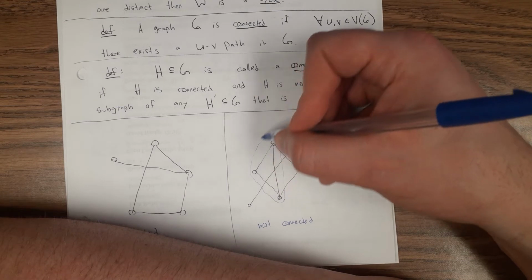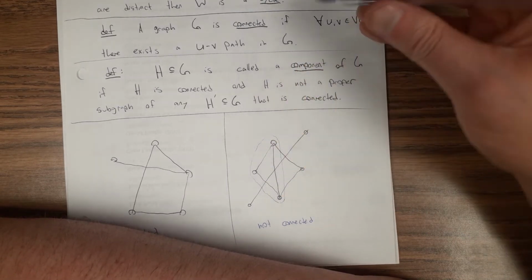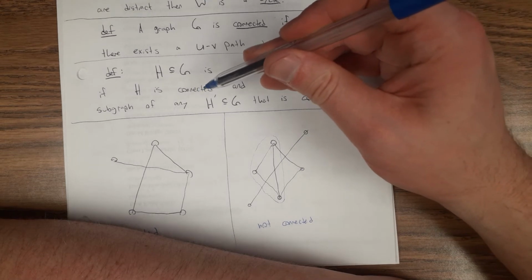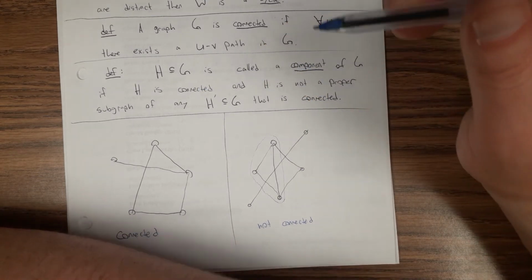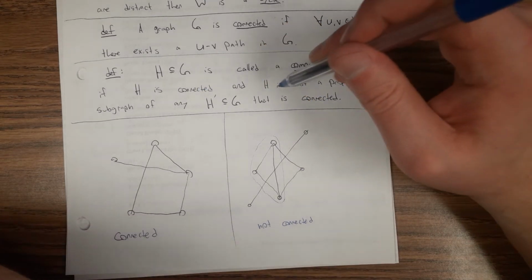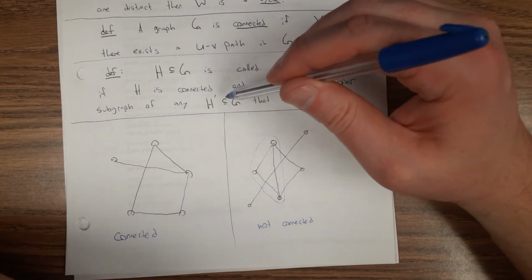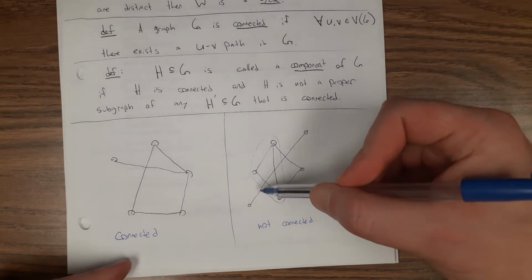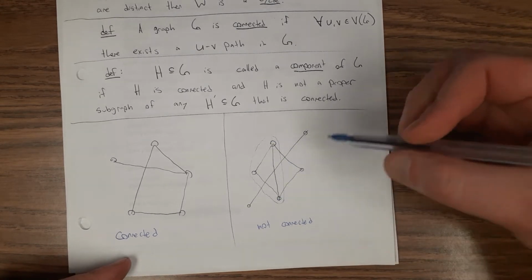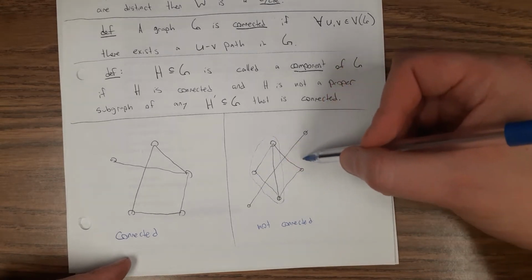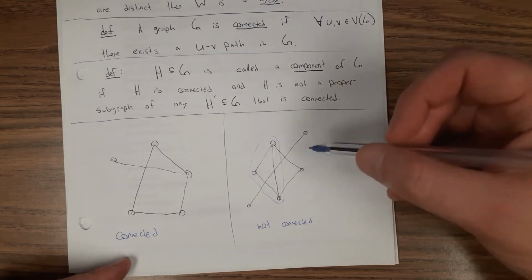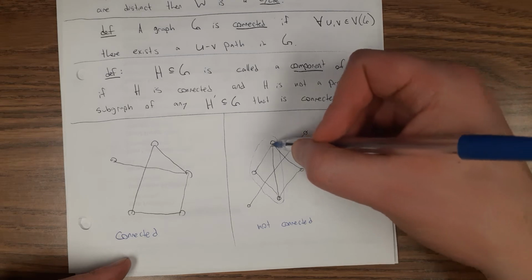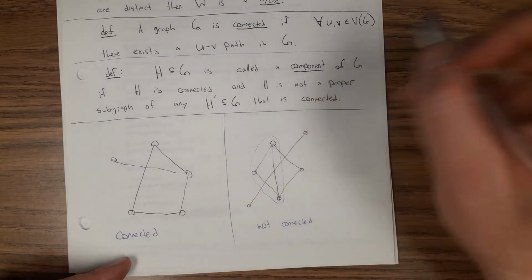We would not call this a component, though, because to call it a component, it has to not only be connected, but it isn't a proper subgraph of anything else that's connected. The reason why this isn't a component is because I could have drawn my bubble a bit larger and it would still be connected. In other words, I could have included this fourth vertex, and that is also connected.